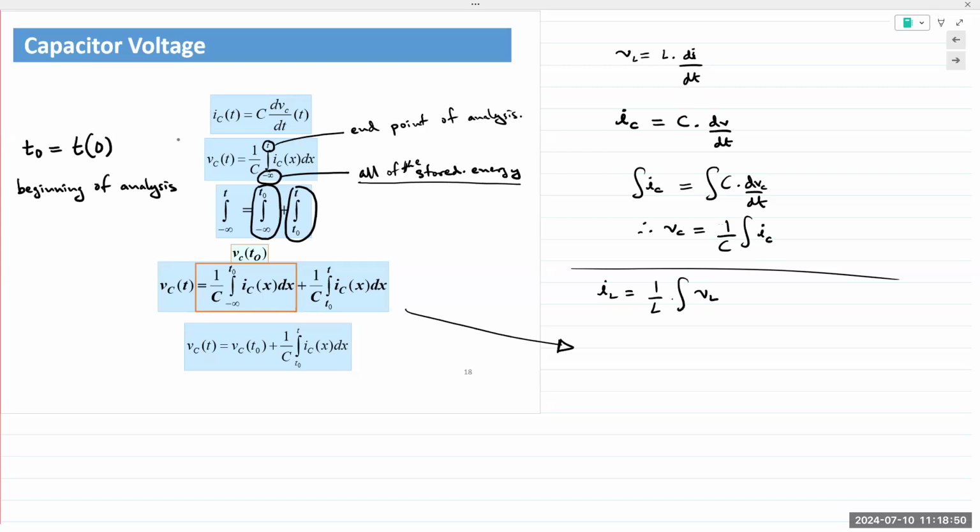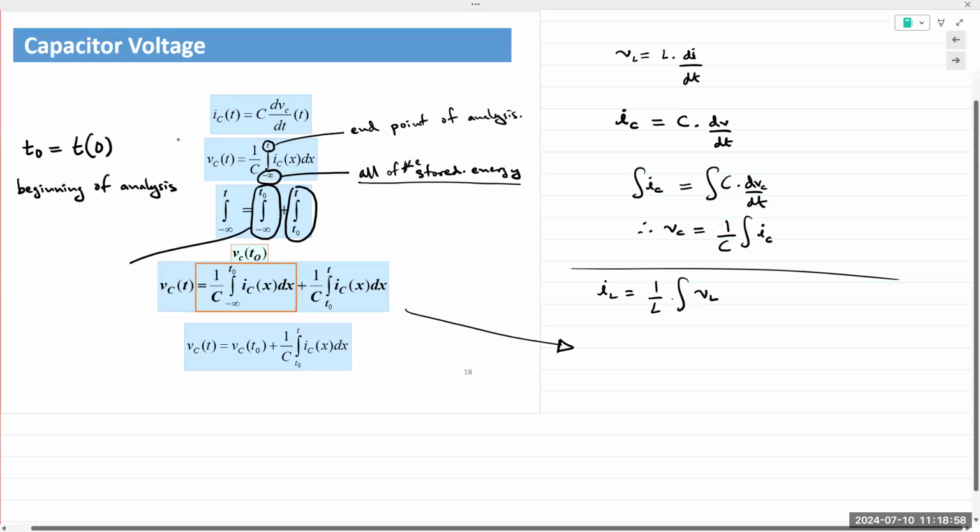Does that make sense? Right? So t0 is simply the moment in time where you begin your analysis. So when you have your limits as minus infinity to t0, what is it that you're actually looking at?